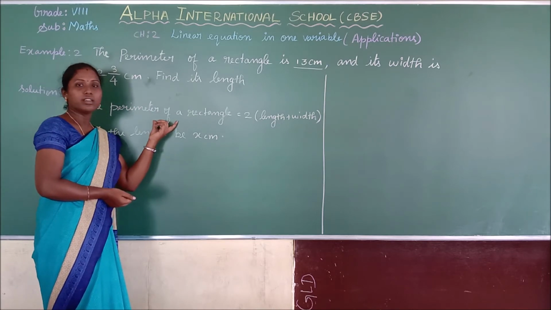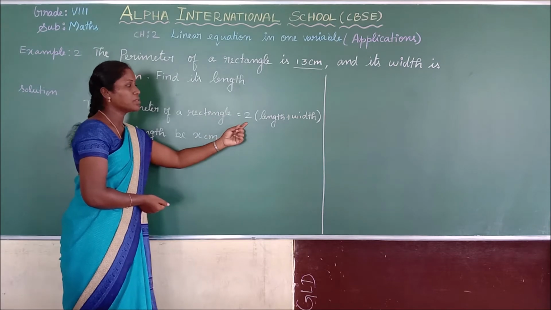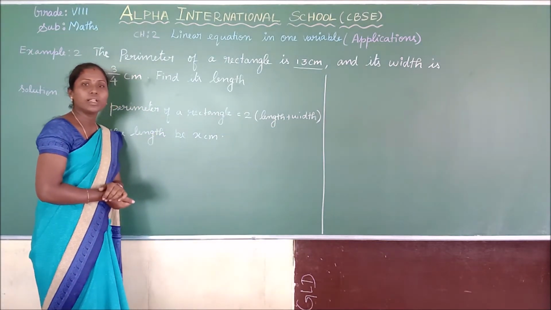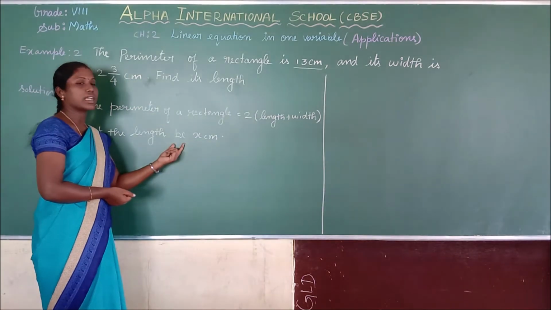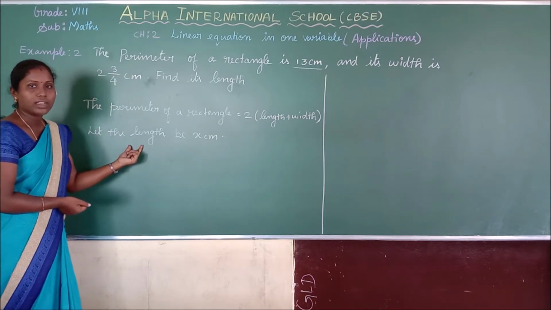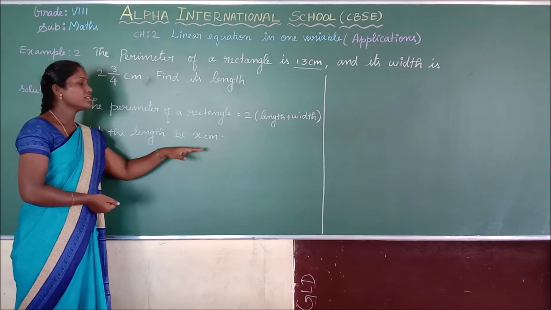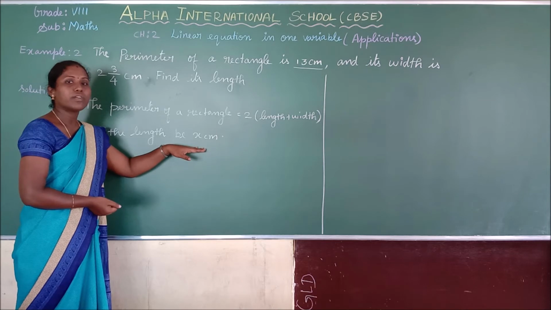We know the formula: the perimeter of the rectangle is equal to 2 times of length plus width. Here, what is the unknown value? The length of the rectangle. So we take the length of the rectangle to be x centimeter. Then we have to find the value of x.